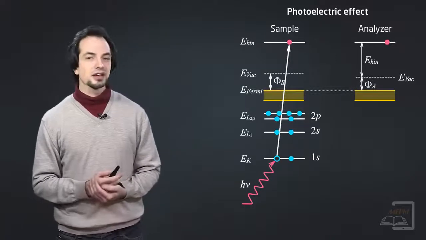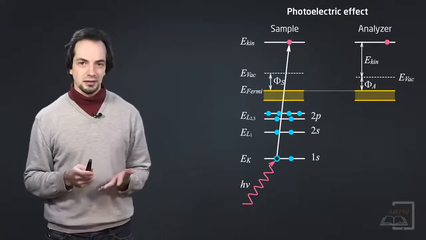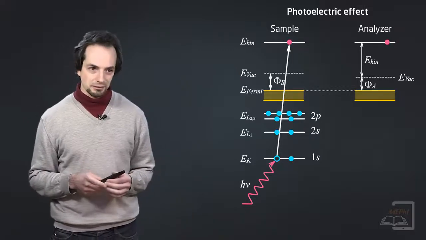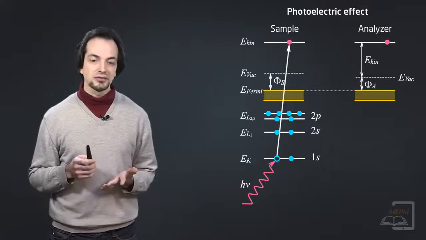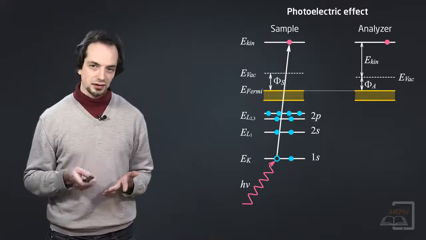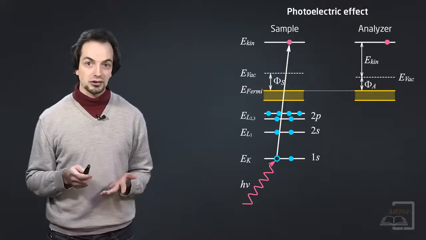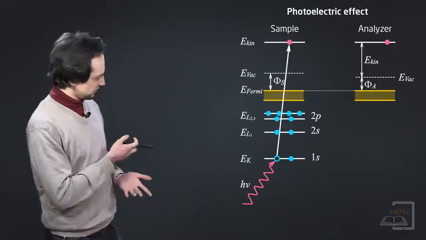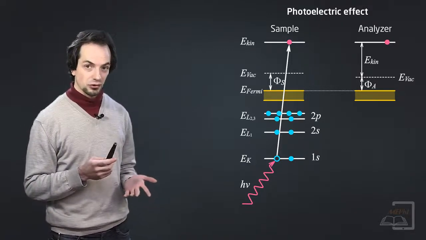So once again, how that works. In this scheme, already familiar, we have the level structure of an atom. We have the X-ray having sufficient energy to ionize the atom, to knock off some of the core electrons from their positions.